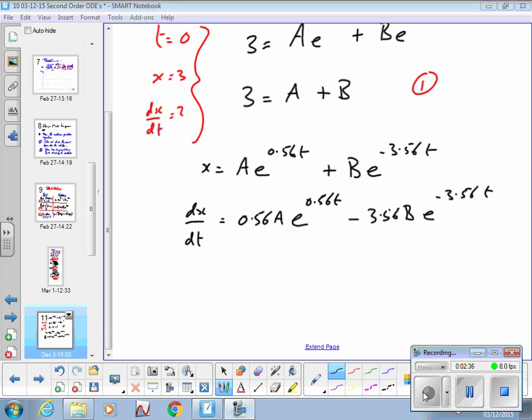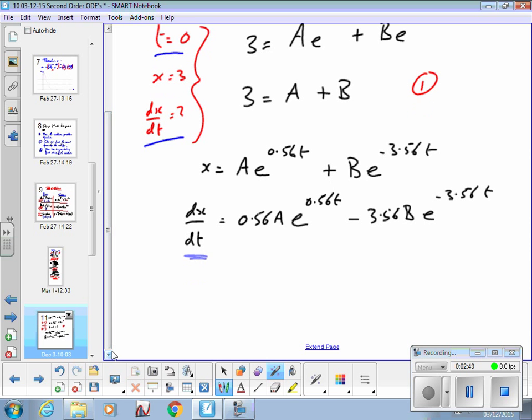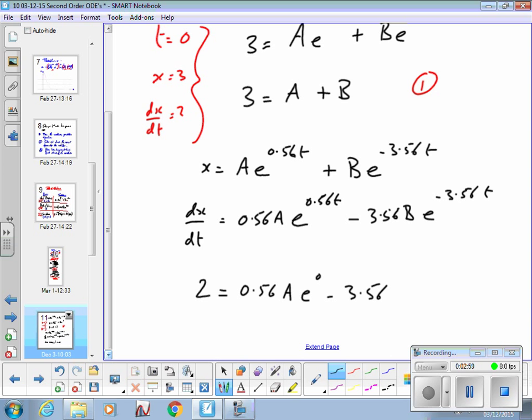So now we've got this function that involves the differential. So we use the second condition. When t equals 0, the differential is 2. So we can write that 2 equals 0.56a e to the 0 minus 3.56b e to the 0.